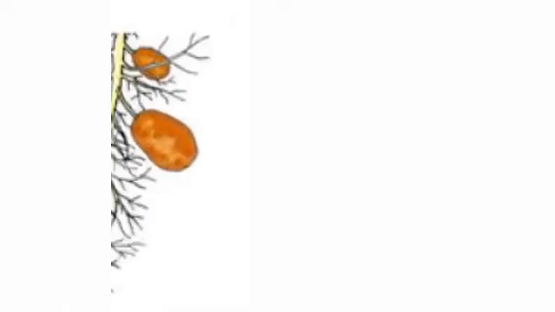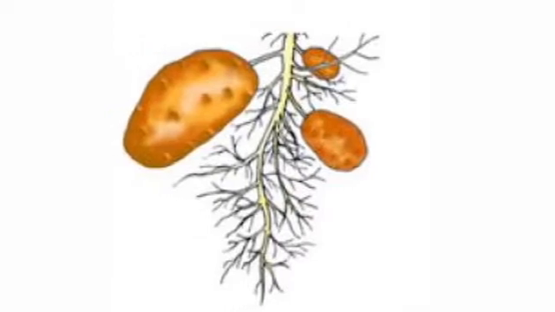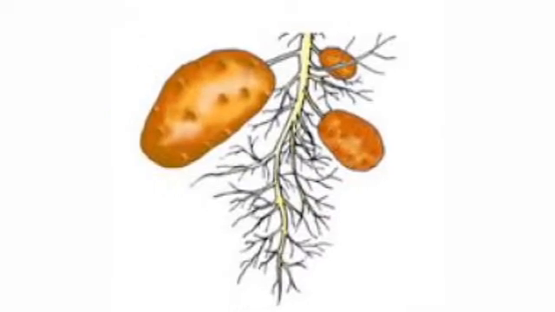Next, underground stem modification. Stems present completely inside the soil are called underground stems. They contain nodes, internodes, scale leaves, and axillary and terminal buds.